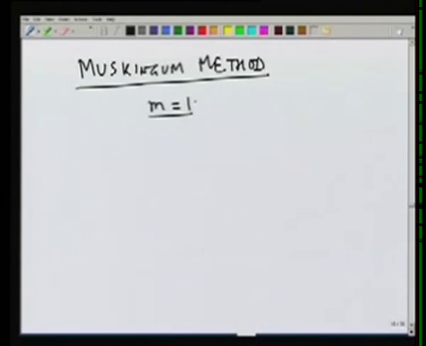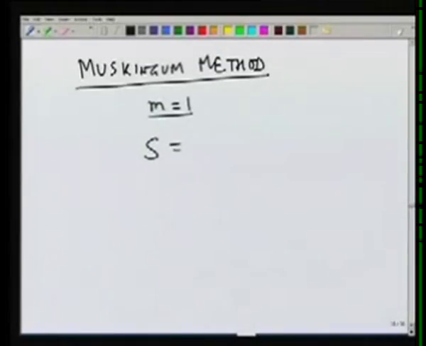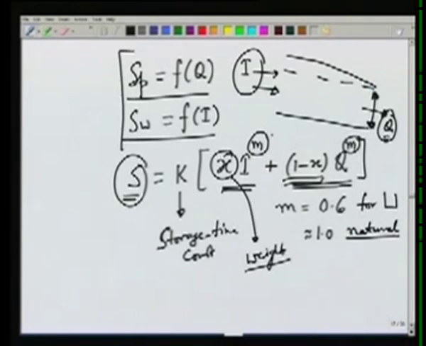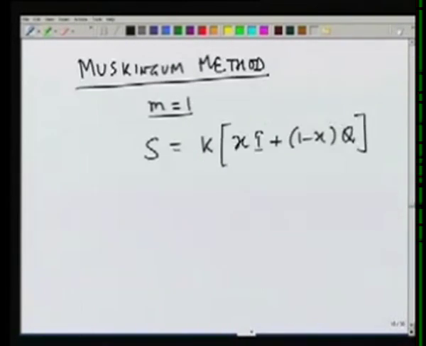So the equation which is written for S in terms of I and Q is S equals K times [xI plus (1 minus x)Q]. As you can compare with the previous equation, this M value is taken as 1 in the Muskingum method. Therefore, we will have only I here and Q here.